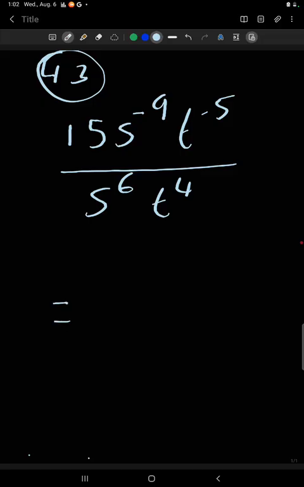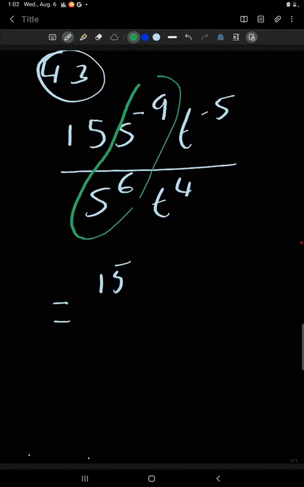So the answer to that is going to be our 15 remains, -9 for s, and -6, so it's -15.